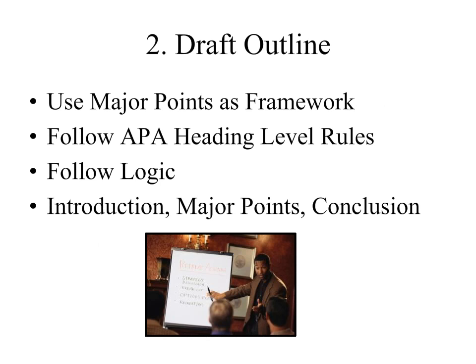Once we have our major points, we can then move forward to taking that foundation and actually building up our structure, kind of like a house. And that is to build our draft outline. With our draft outline, we want to use our major points as the framework. We want to follow APA heading level rules. This is critical.